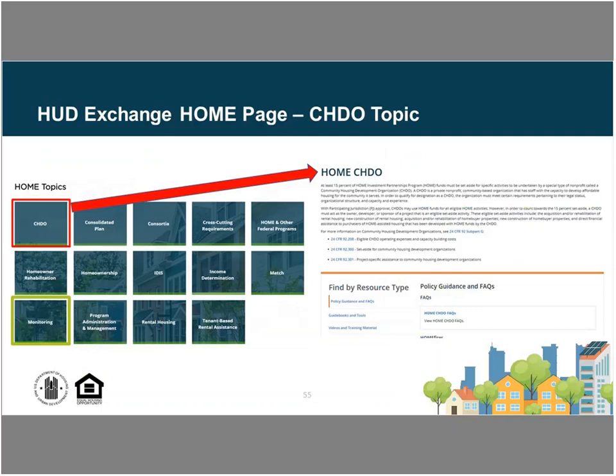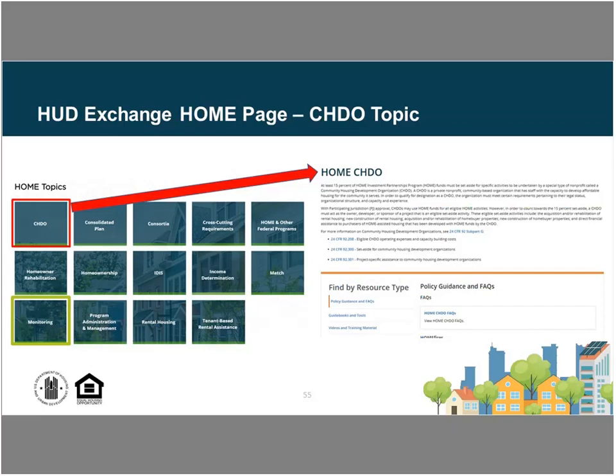Also on the HUD Exchange, and I know that we've got quite a few folks that are relatively new to the HOME program. So the HUD Exchange is an online resource which has a lot of HOME-specific resources. So this is the HOME landing page, and if you scroll down that page, you'll get to these HOME topics.